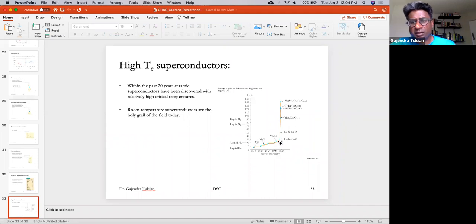And then suddenly things started getting exciting back in '86, when high temperature superconductors were discovered. These were ceramic materials which we thought we'd never tried before.